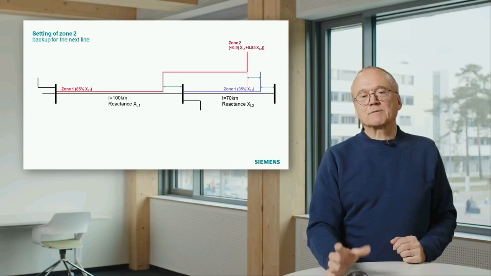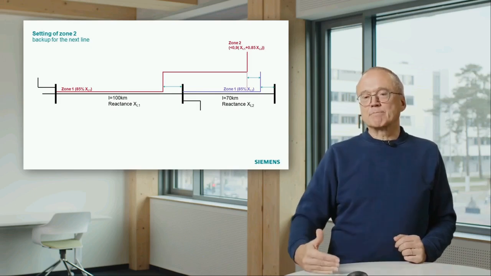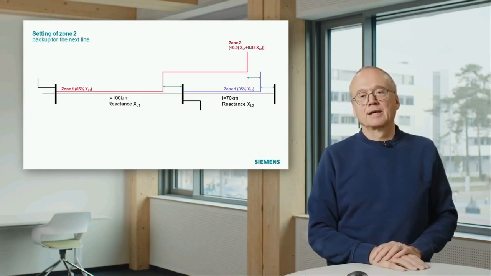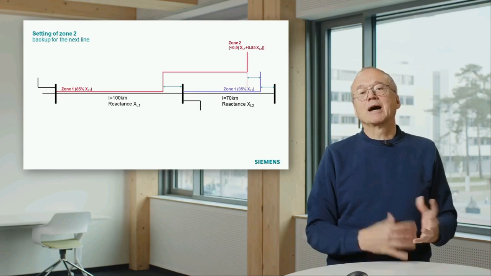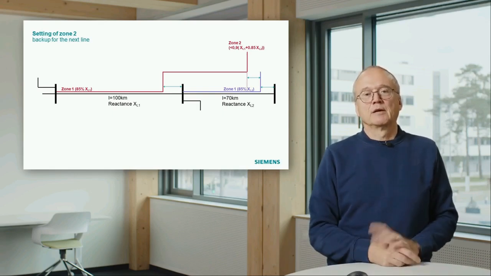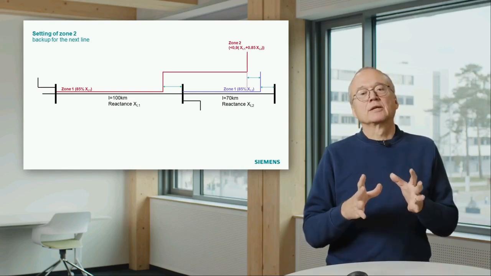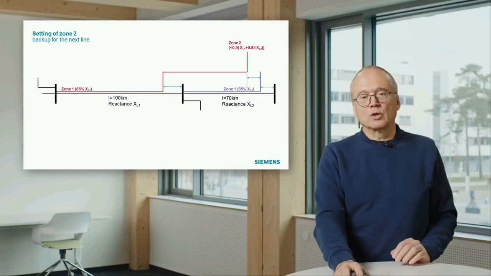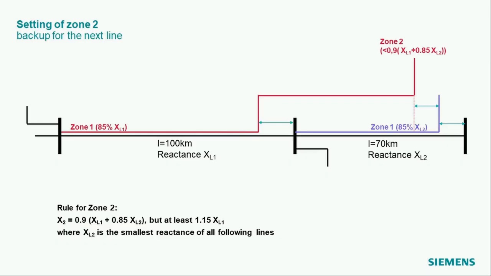Also there you must be careful. You must keep a certain distance to the end of zone 1 of this line, as indicated on the right hand side. Otherwise you will get conflicts with selectivity. But at least with that you can back up a significant percentage of that line.